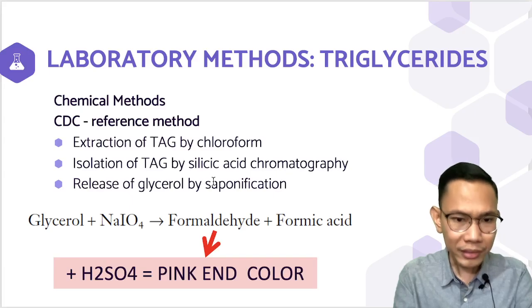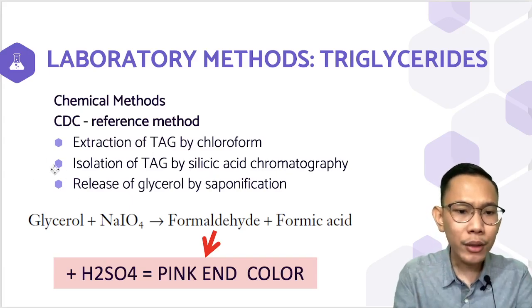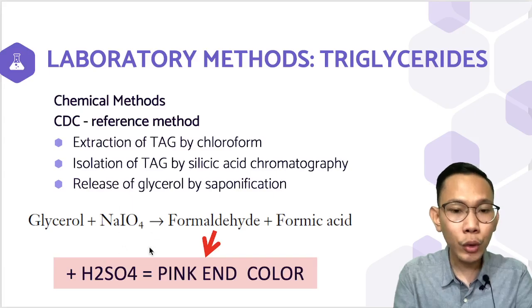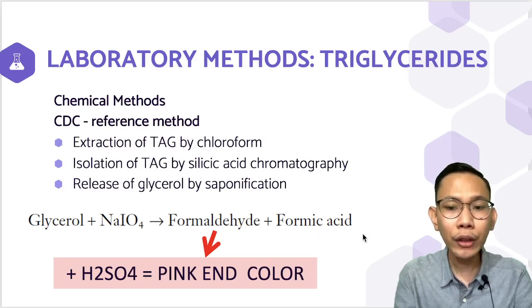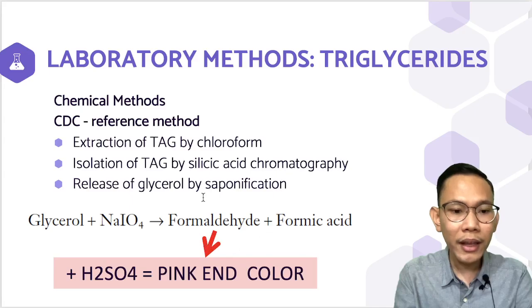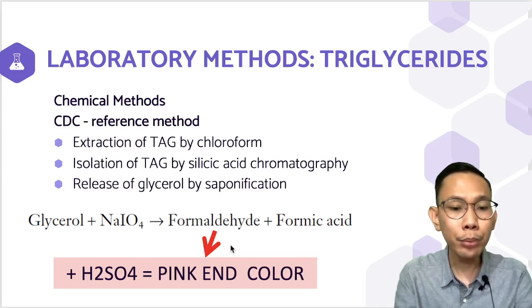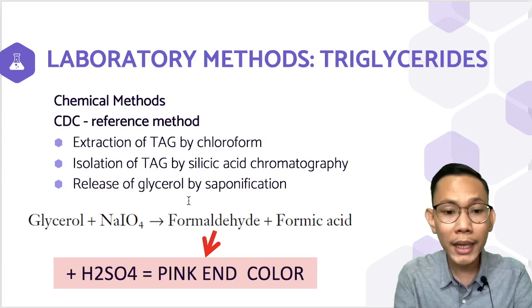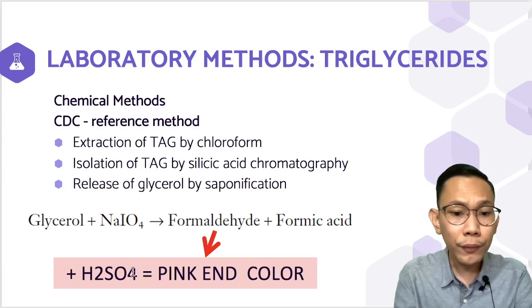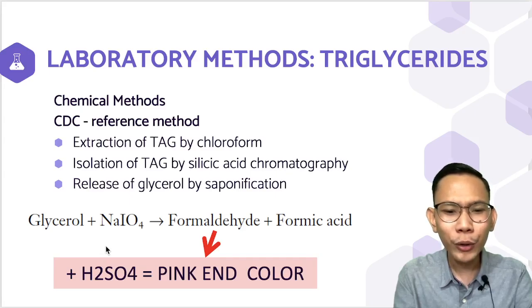And then, what happens? Your glycerol plus your sodium periodate will be reacted to form your formaldehyde and your formic acid. Then this formaldehyde being produced is measured by the reaction with your sulfuric acid solution of chromotropic acid to produce your pink chromophore.